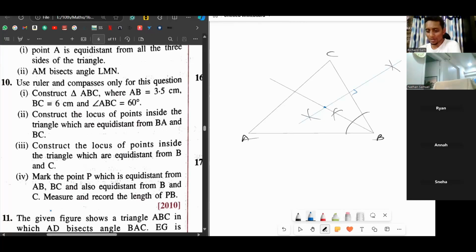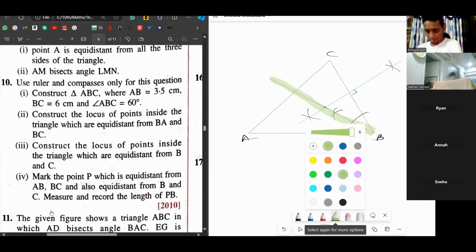Look, any point on this line here, what is the condition that it satisfies? Equidistant from AB and BC. And any point on this line is what?